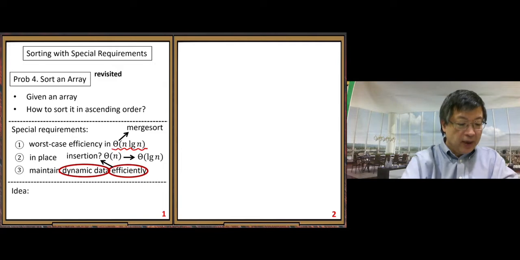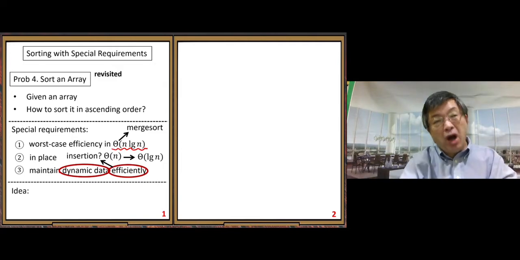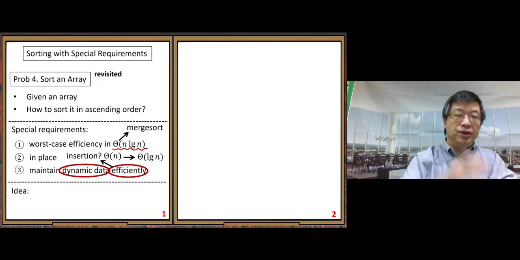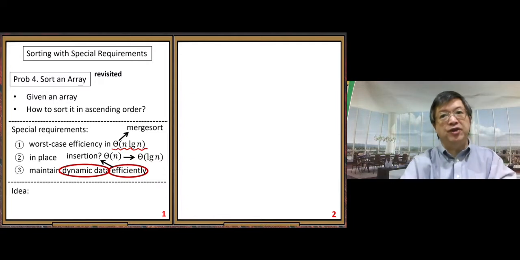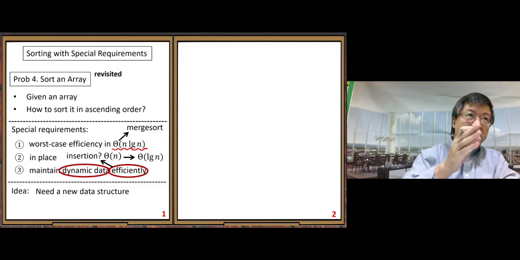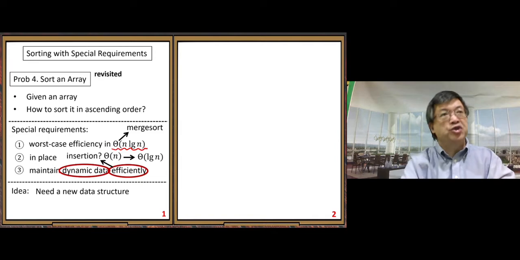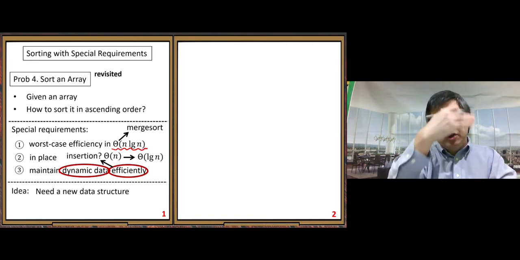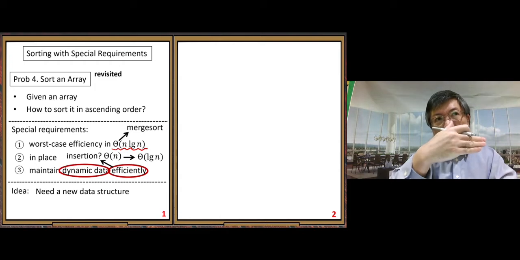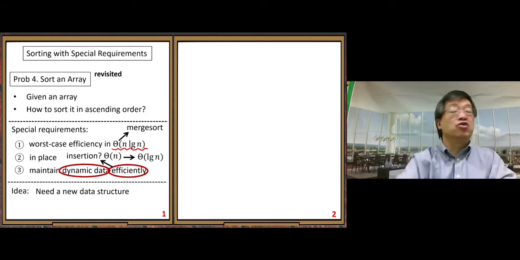All right, so an idea. Now we want to solve this problem. So we need to do some analysis to solve this problem. The idea here: if you do not use a new data structure, it is very hard to solve this problem. So far, before this point, when we developed a new sorting algorithm, we always used the array data structure, right?